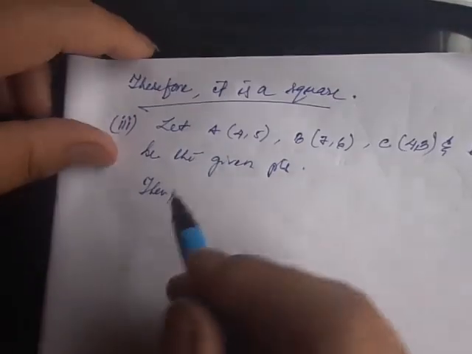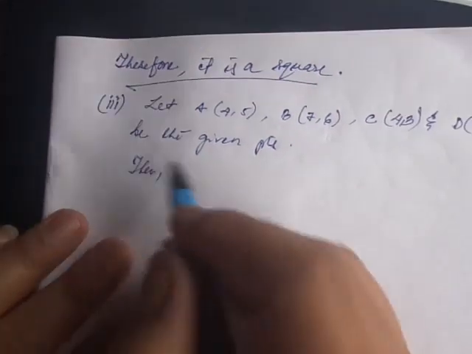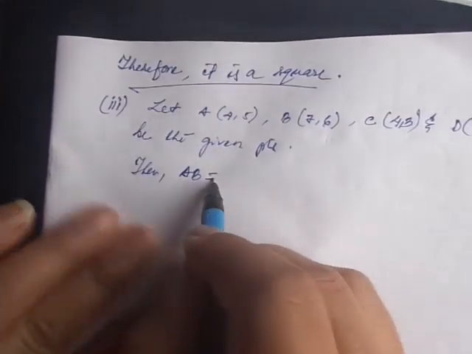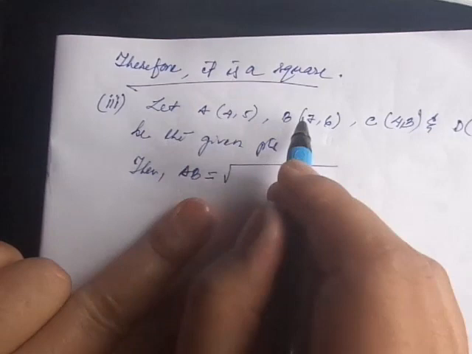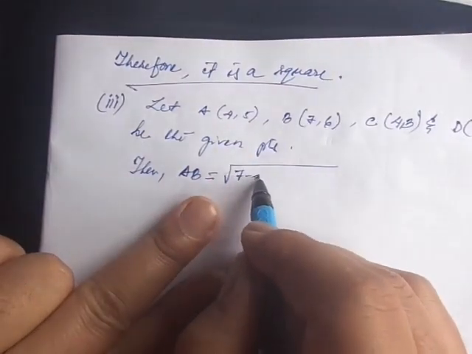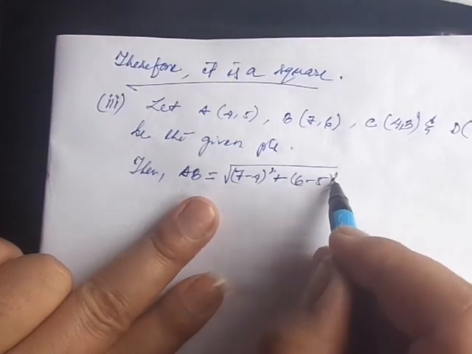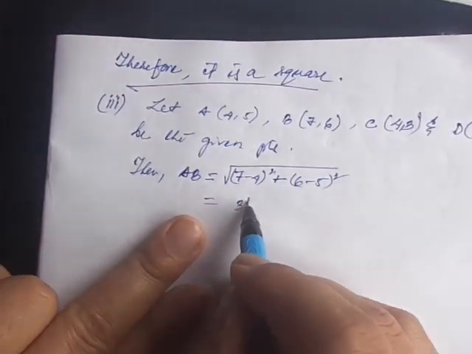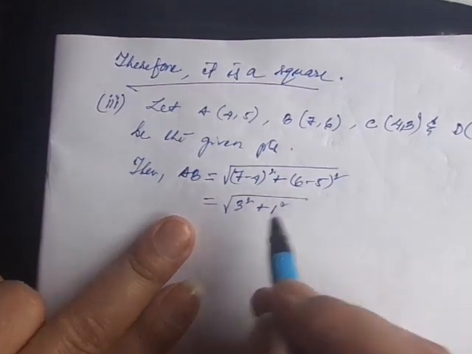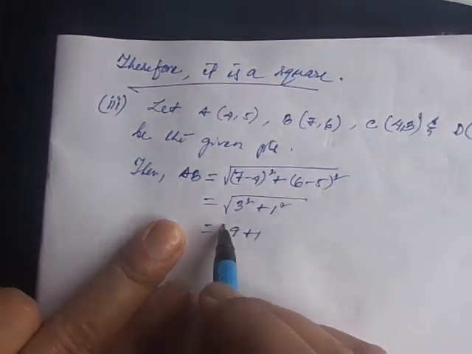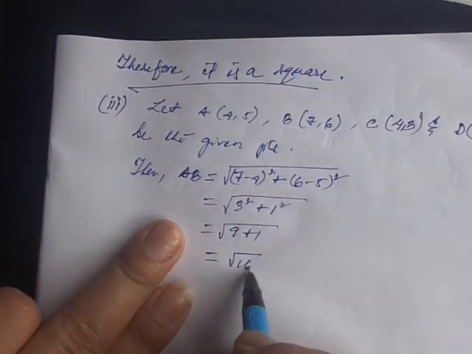Then let's find EB. 7 minus 4, 6 minus 5, so we get 3 square plus 1 square, that is 9 plus 1, so we get only root 10.